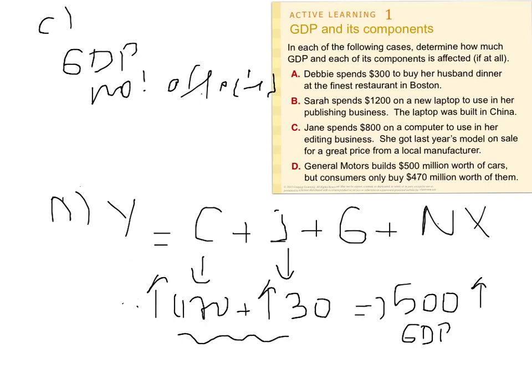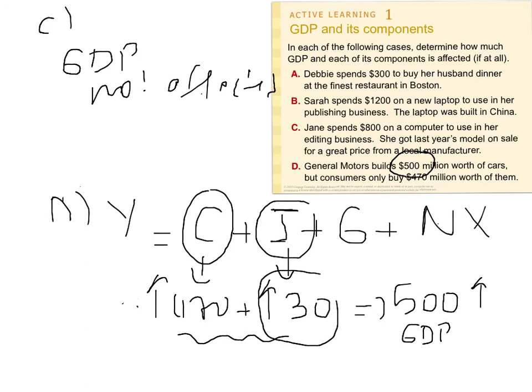So the cars are produced and it's $500 million worth. Only 470 million worth of cars are bought by consumers, so it's consumption. Consumption will increase, and the remaining cars still have value. Since the company put them in inventory, the investment spending is going to increase by $30 million. So the total GDP will increase by $500 million.